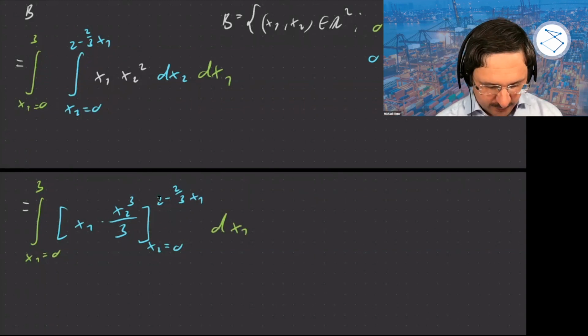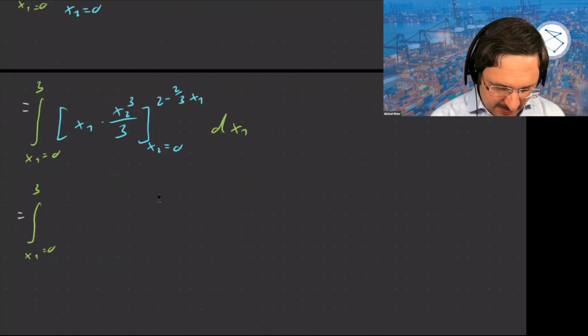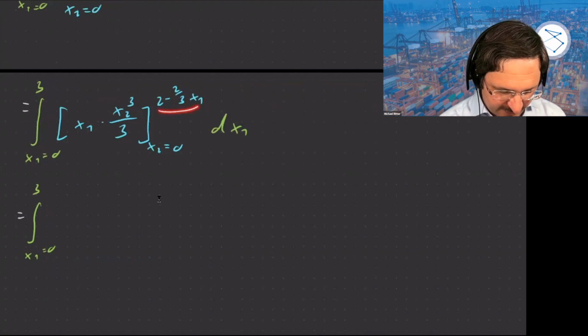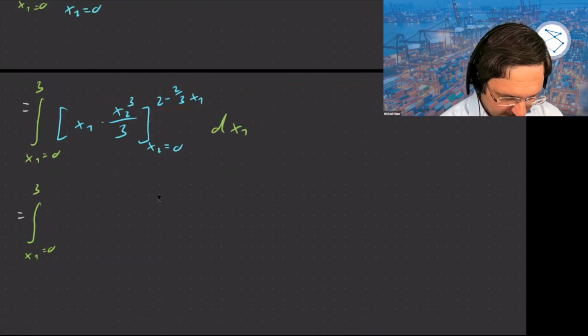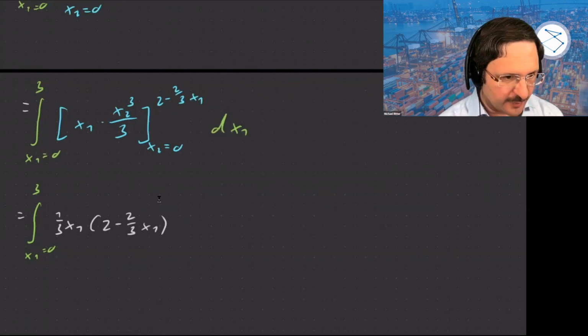Now we just have to do the computations. Again, let's keep the outer integral in place here. Now that inner integral, if we substitute for x2 this expression here, we get x1 times 1/3 times 2 minus 2/3 x1 to the power of 3.